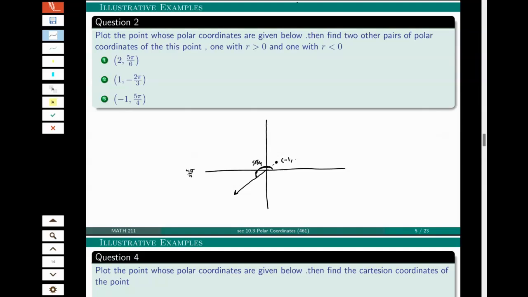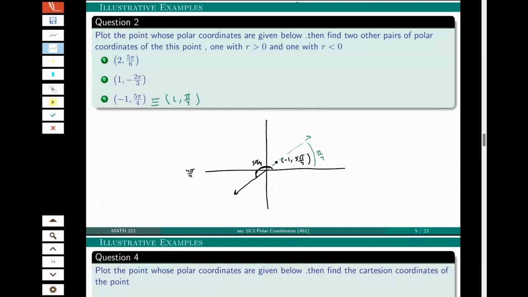That will be minus 1 and 5 pi over 4. Now, with positive radius, I will say 1 and pi over 4, because if this is 5 pi over 4, this angle will be pi over 4. So it is equivalent to 1 and pi over 4.